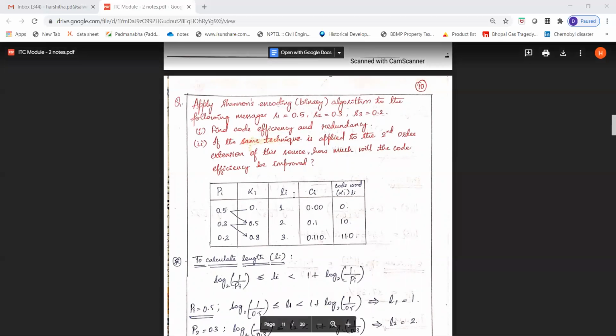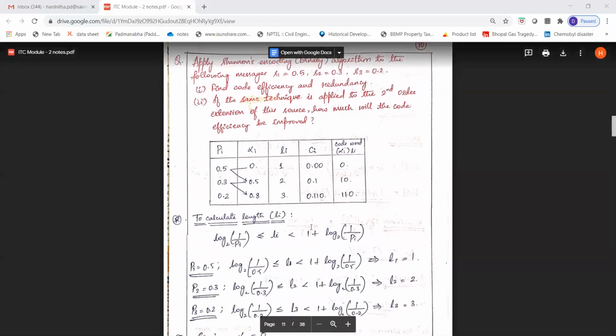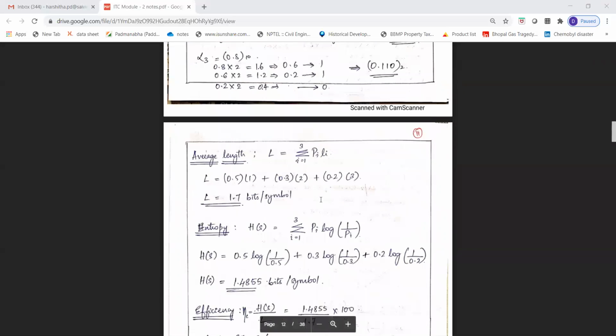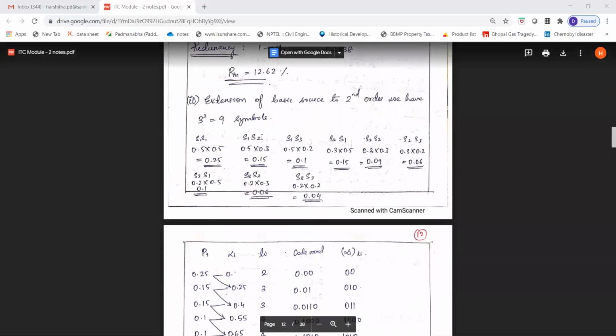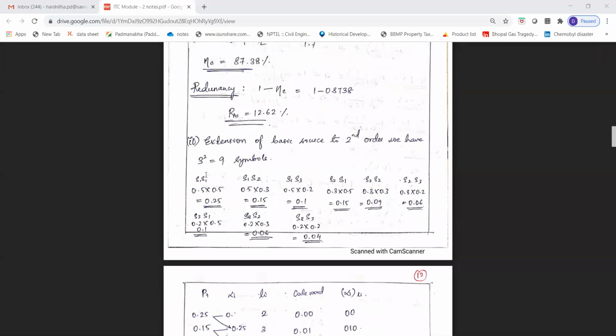So how will I extract the second extension of this source? Since there are three symbols here, the second extension source will have 3 to the power of 2 symbols, that is a total of 9 symbols. So how will I analyze that? See here, there are 3 symbols, right? I'll take the possible combinations of all the 3 symbols. So for example, first I'll take up S1: S1 combined with S1, S2 and S3.